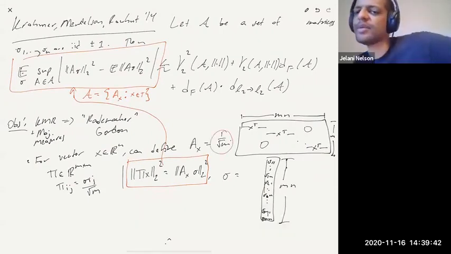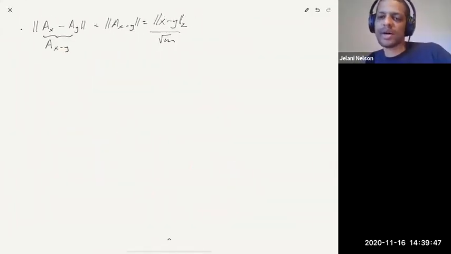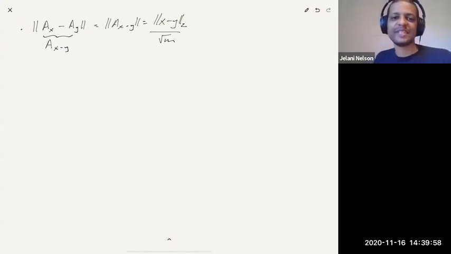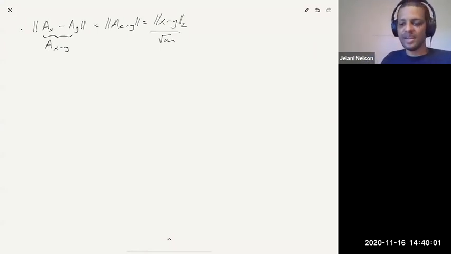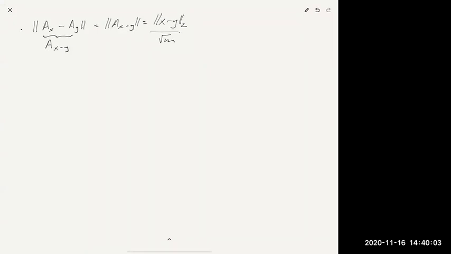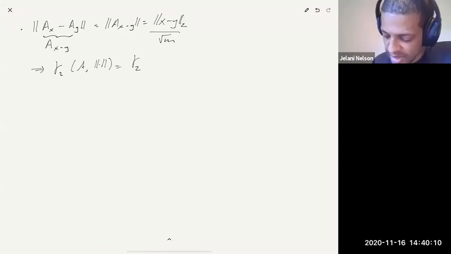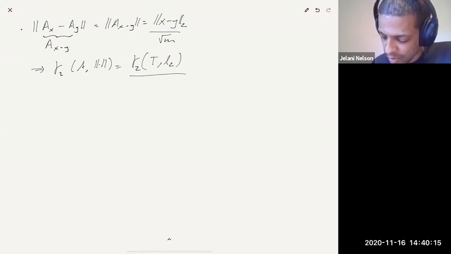Does this look familiar? I think we reasoned about these A_x's before when we were proving JL and sparse JL using the Hanson-Wright inequality. I know it's been maybe a month or 6 weeks now, but is this looking familiar to people? Somewhat. Yeah, probably. So this implies that gamma 2 of script A with respect to the operator norm is equal to gamma 2 of T with respect to the L2 norm, over root m.